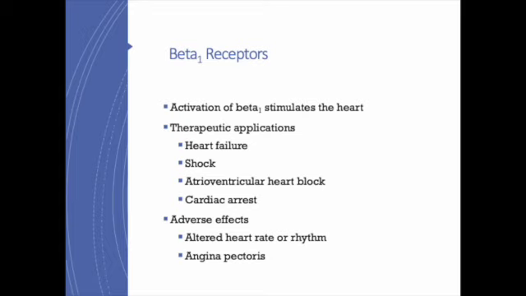We can also use it for cardiac arrest. By activating cardiac beta 1 receptors, these drugs have a role in initiating the contraction that needs to occur during asystole or with pulseless ventricular rhythms. We have to note, though, that these drugs aren't the preferred treatment, but they can be used.